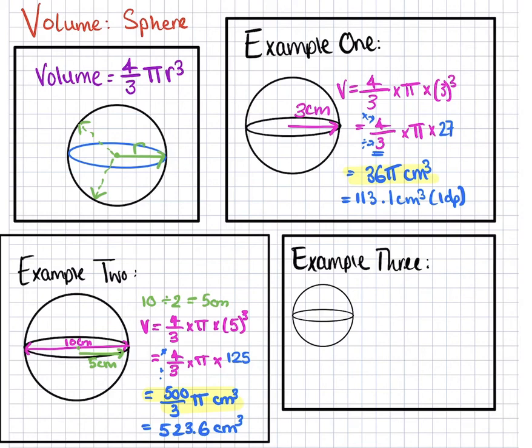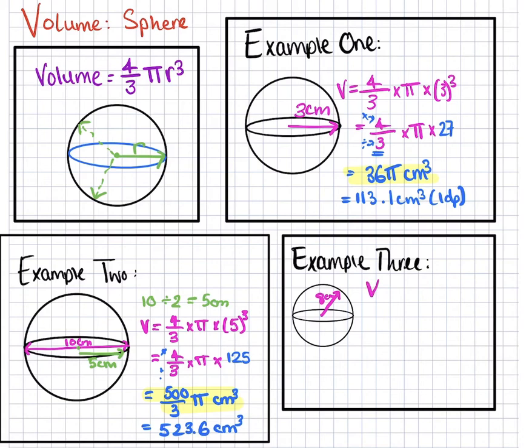In my final example, I'm going to draw my radius so it's coming up from the center, just to show you that it's the exact same thing. So in this example, I want my radius to be 8 centimeters. I don't need to divide by 2 because I already have my radius.